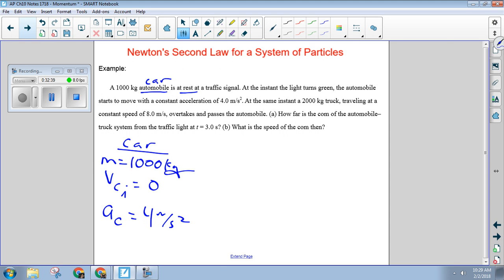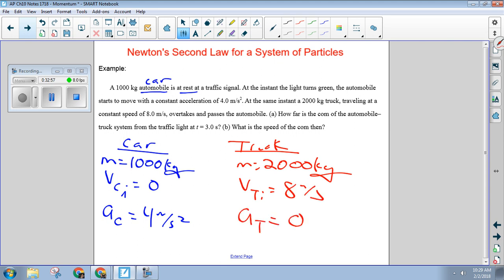Similarly, the truck, here's what I know about the truck. It's got a mass of 2,000 kilograms. It is traveling at a constant speed of 8 meters a second. So the velocity of the truck initially is 8 meters a second, and the acceleration of the truck is 0.